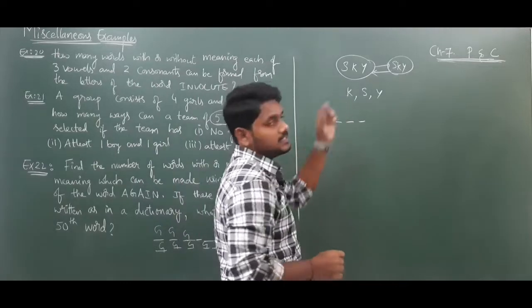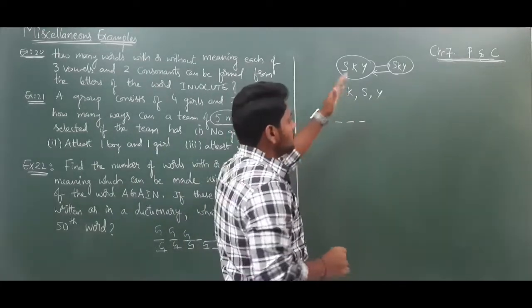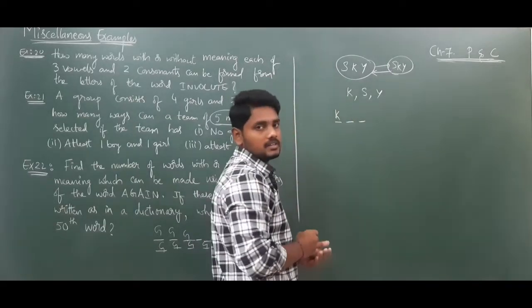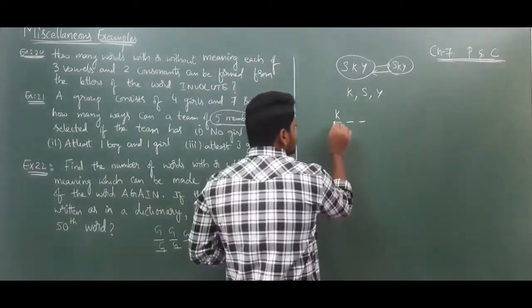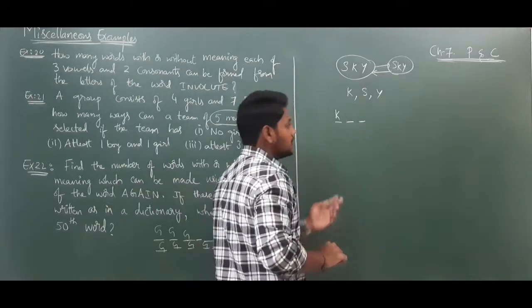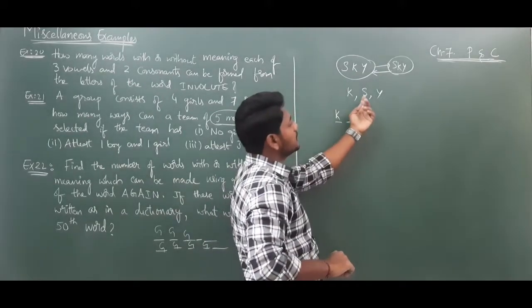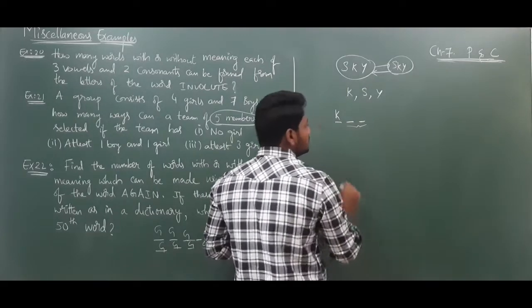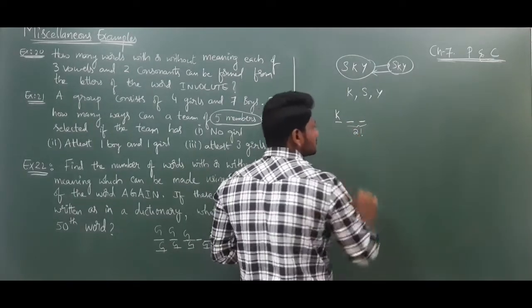Now we will arrange 3-letter words using alphabetical order. First K is there. That means if we arrange these letters in a dictionary, the first letter will be K. The remaining two letters, S and Y, can be arranged in 2 factorial ways.